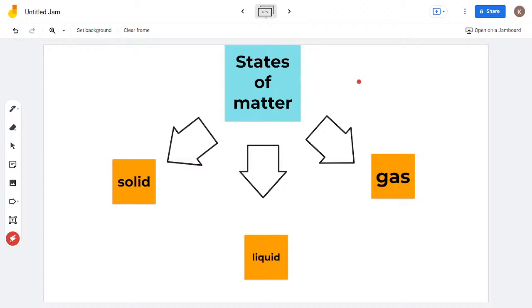These states of matter arise due to the variation in characteristics of particles of matter. So let's study the properties of these three states of matter in detail. Let's start from the solid state first.